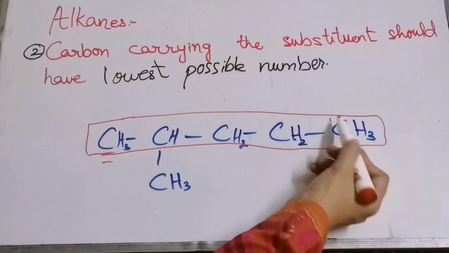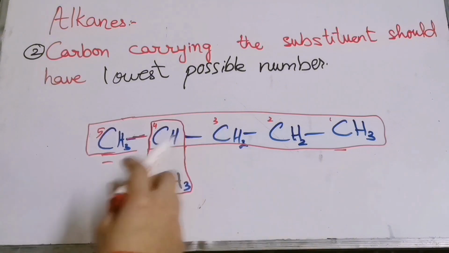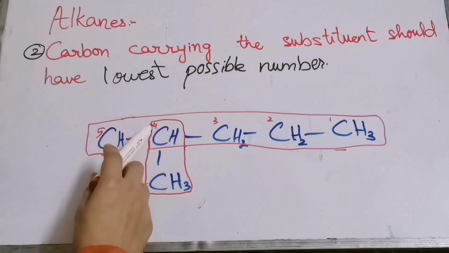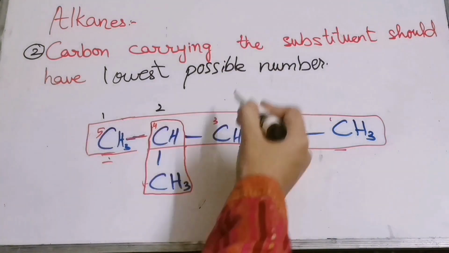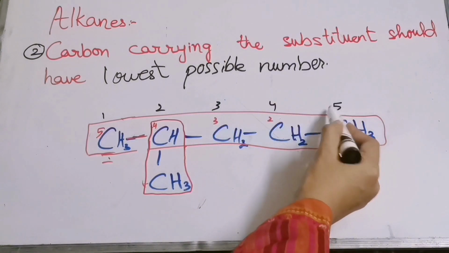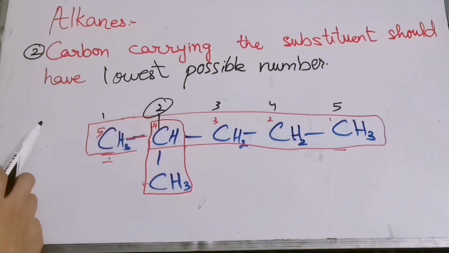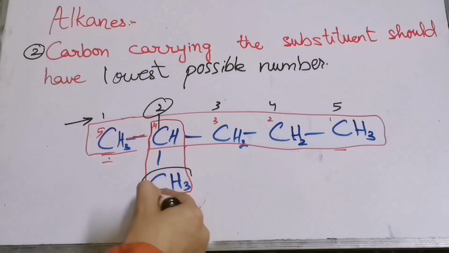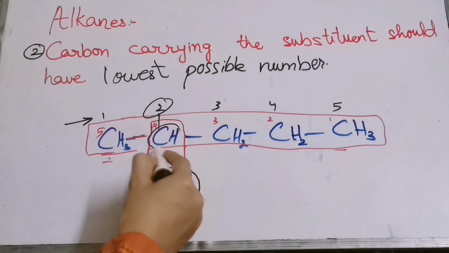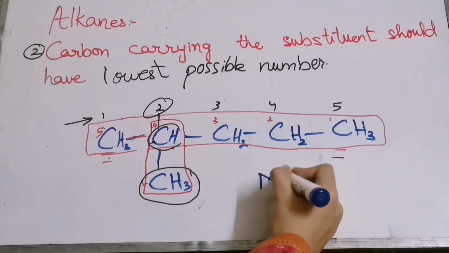If from here I write the numbers 1, 2, 3, 4 and 5, what number is given to the substituent? Number 4. But if we write the numbering from the other side, it will be 1, 2, 3, 4 and 5, and now what is the number given to the substituent? 2. So according to rule 2, the carbon carrying the substituent should have the lowest possible number. So we will write the numbering from this side so that this substituent is on the lowest possible number on this carbon. This is methyl, right?